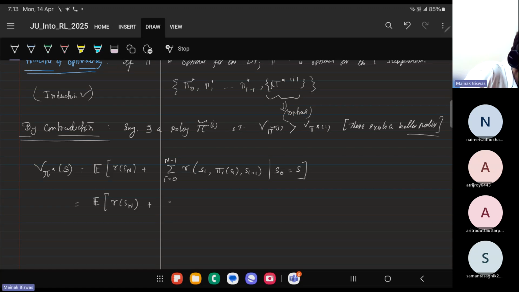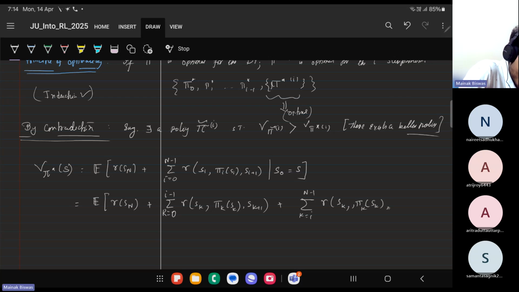Do you agree I can write this as the summation from 0 to I minus 1 of R of Si, pi I of Si, Si plus 1. So it's a lot of i's here. Please pardon me. Let me write it as k, plus 1. And then you have a summation of k equal to I to n minus 1 of reward of sk, pi of, again, the same thing.